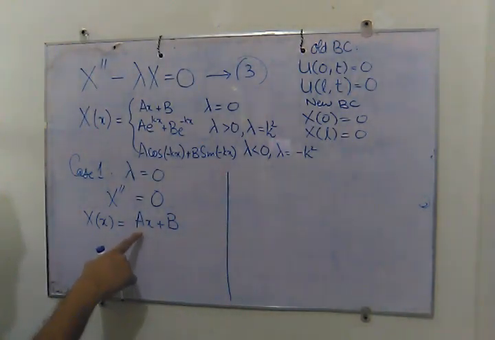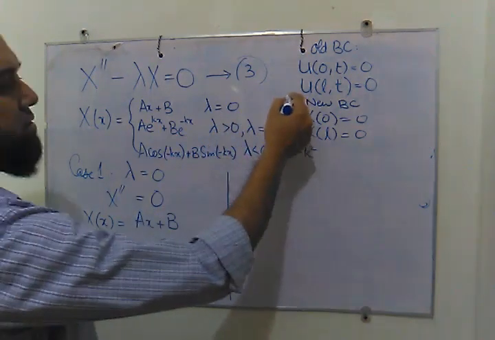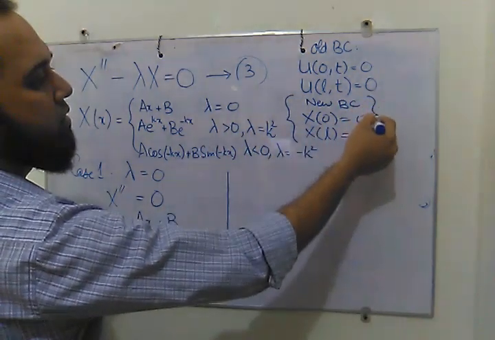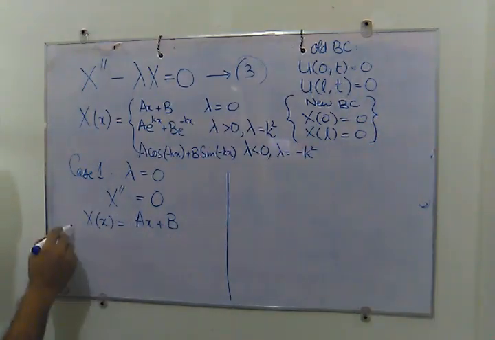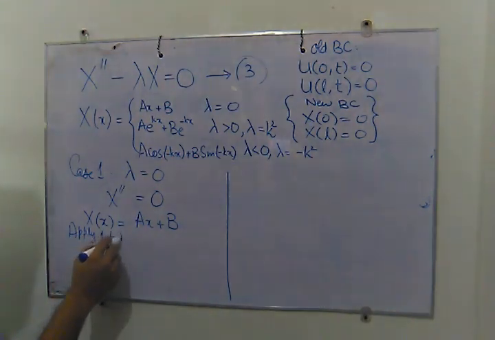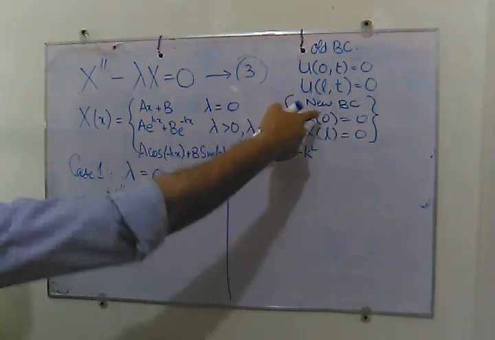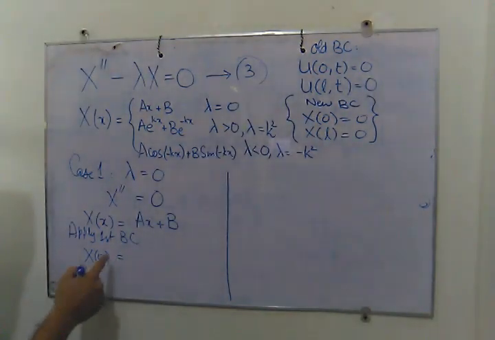Now in order to find the values of a and b, we have to apply the boundary conditions, which are these. So applying the first boundary condition, we will get X of 0, because we have X of 0 equal to 0 here.